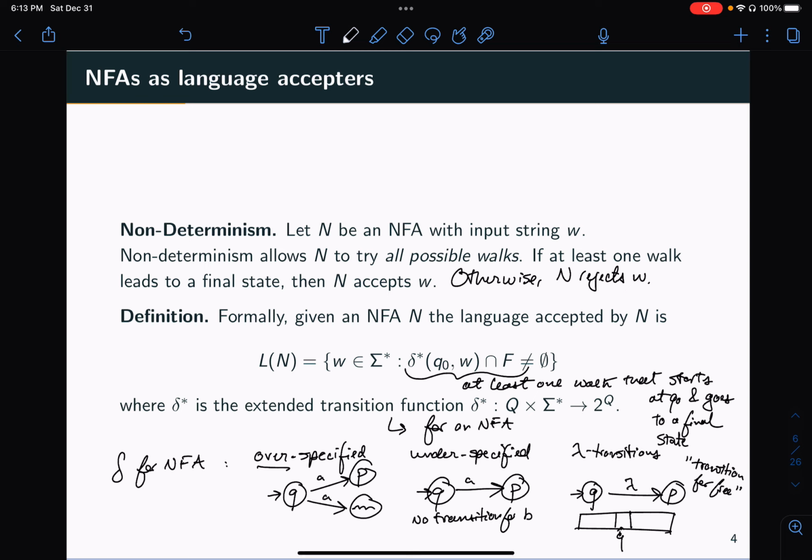So the transition is for free because you go from Q to P without reading a particular symbol, okay? All right, excellent. So this sort of covers the fundamentals or the basics of an NFA. We're going to look at an example next.